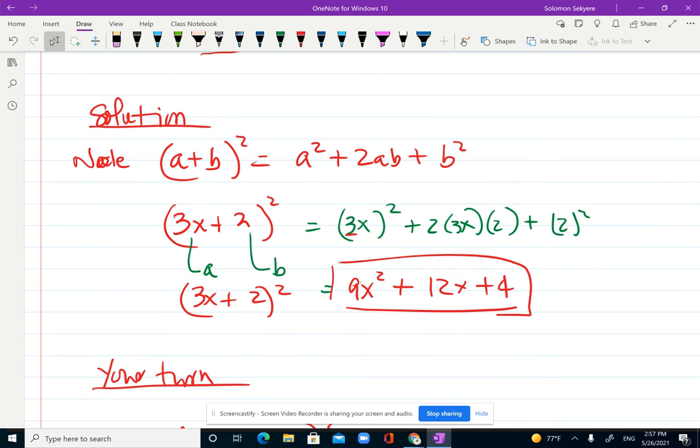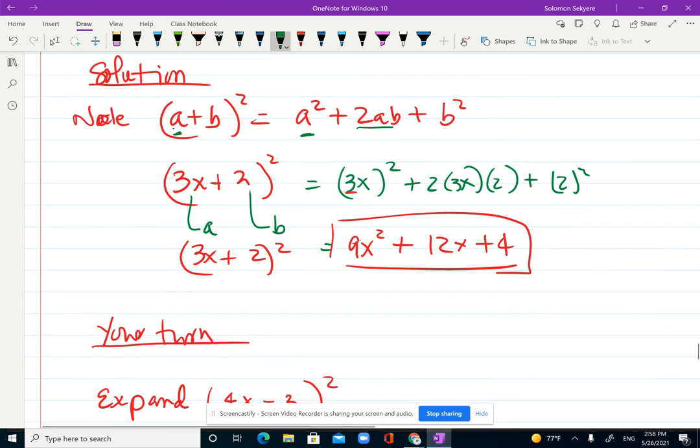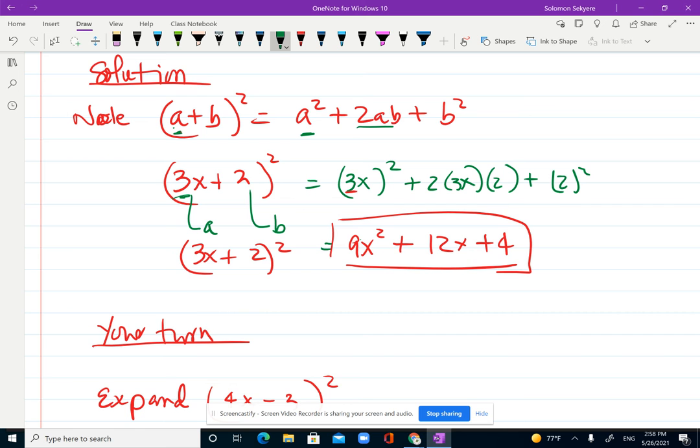If you have a plus b all squared, it means take the first item, square it, then twice the product of the first and second item, plus b squared. So a plus b all squared is a squared plus 2ab plus b squared. So what is the first item? It's 3x.